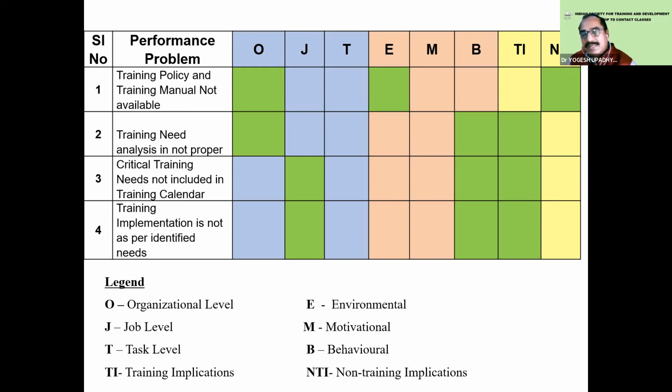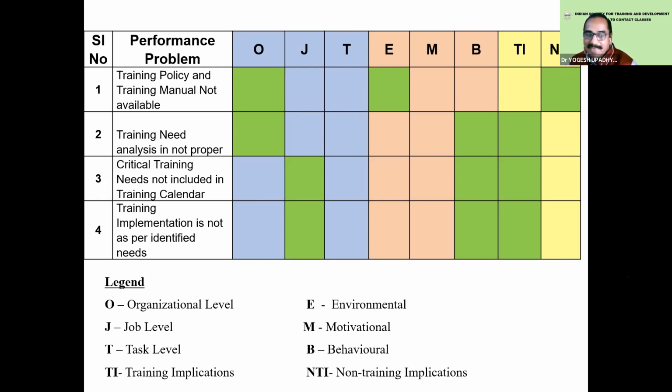Availability of training manual and policy is a top management job. We'll come back to it. It comes into question when it is wrongly made, not relevant, not appropriate, or not amended.